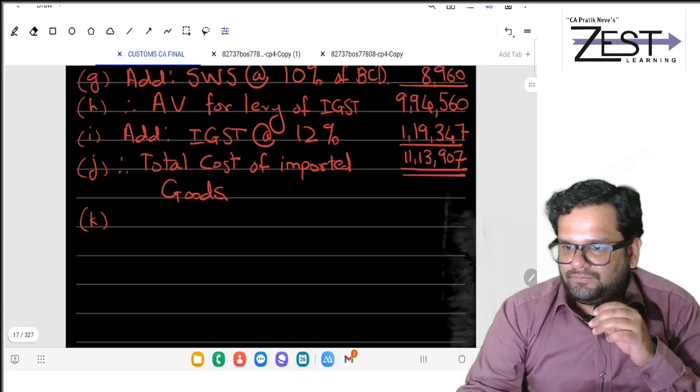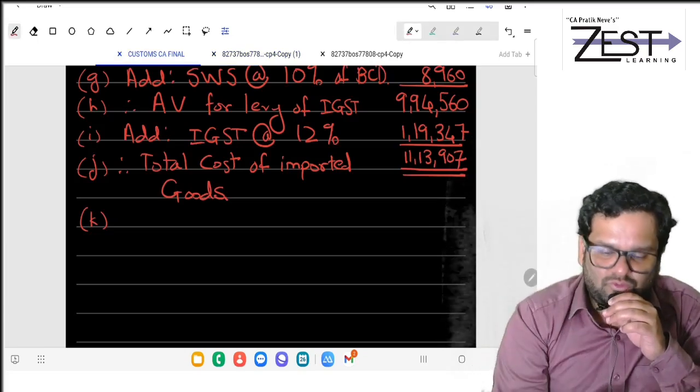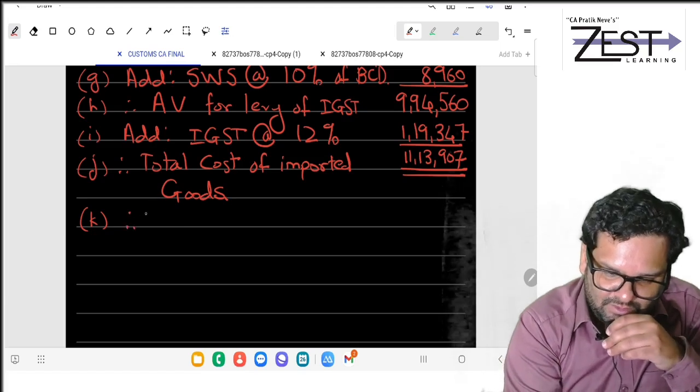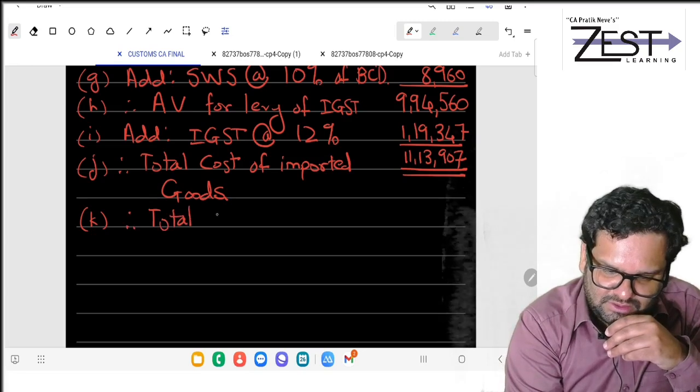Yes, please. Are the figures correct till this? What calculations I have done? Therefore, total customs duty payable.